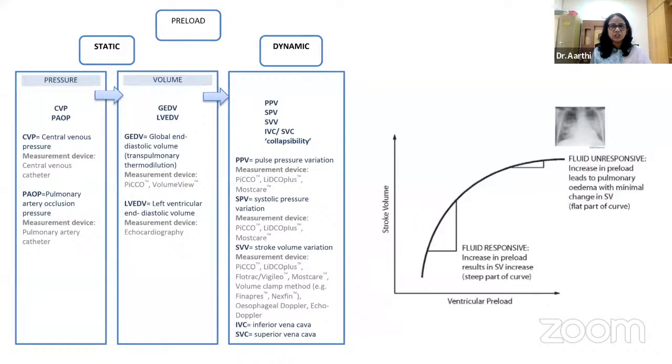These three variations rely on the heart-lung interaction of positive pressure ventilated patients and assess preload predictability. There are certain checklist criteria under which these parameters reliably predict the preload and also the fluid responsiveness of the patient.